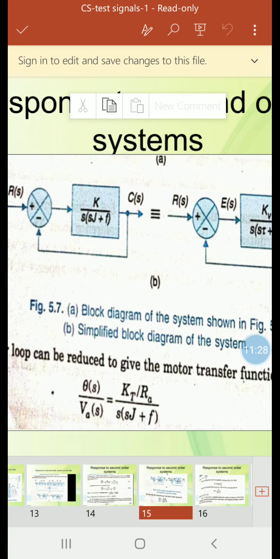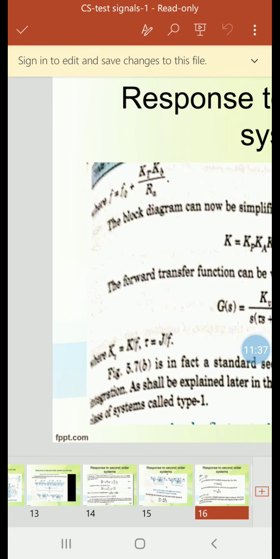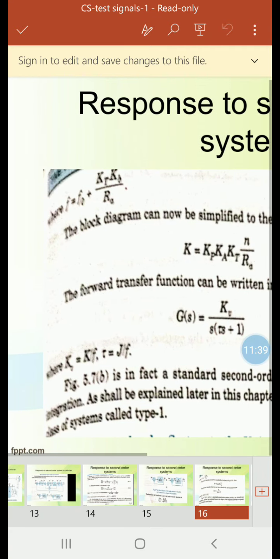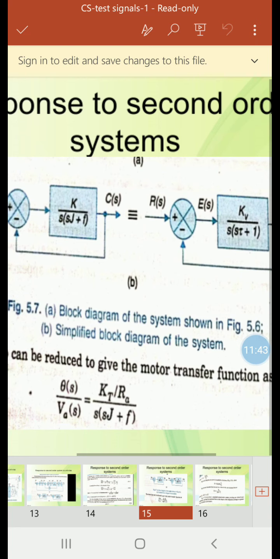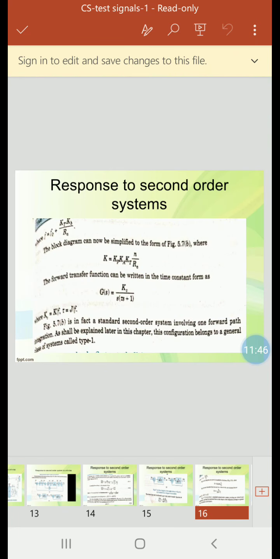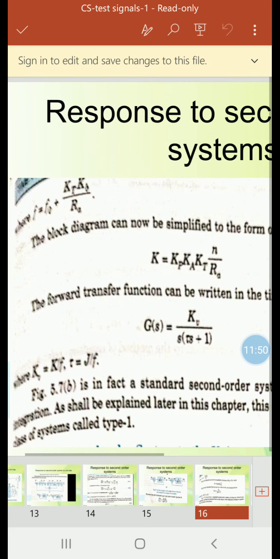This gives the motor transfer function, obtained when the inner loop has been reduced. Here F is equal to F naught plus KT KB by RA.